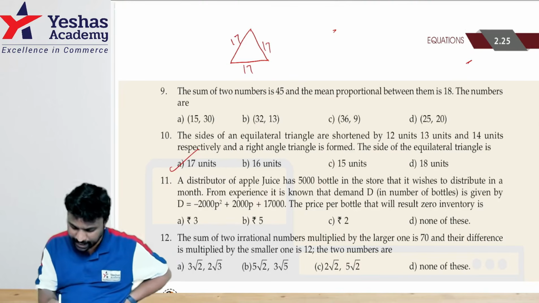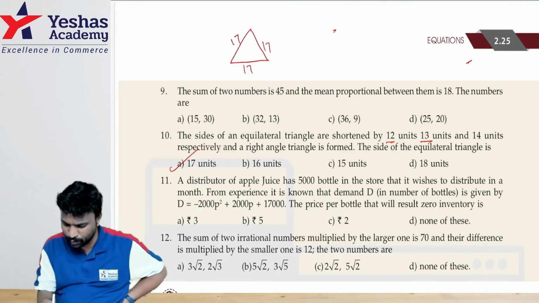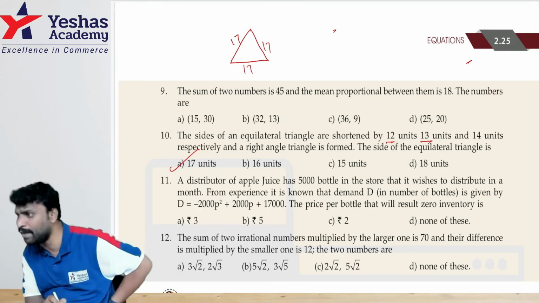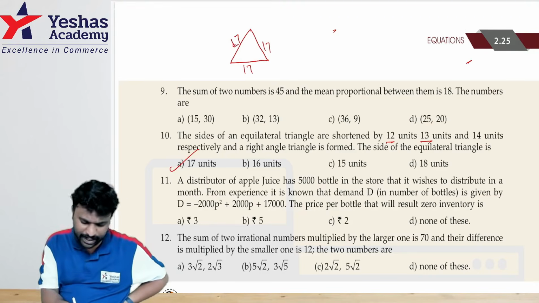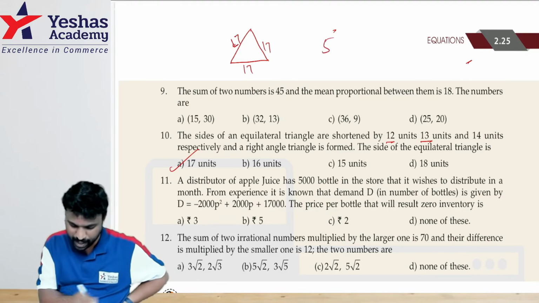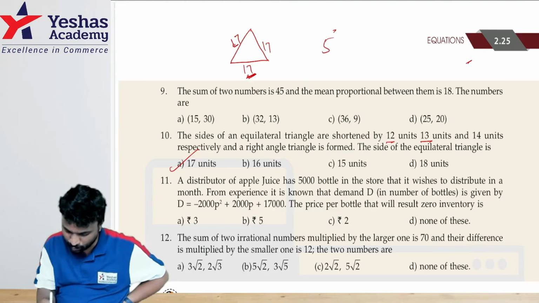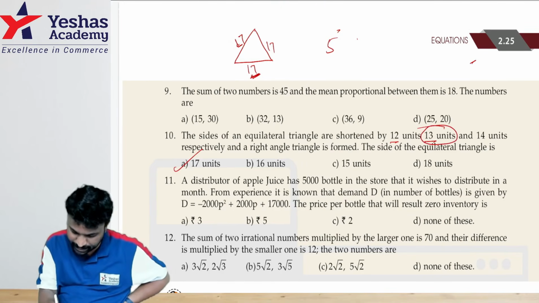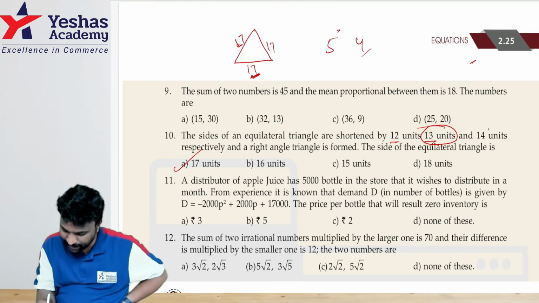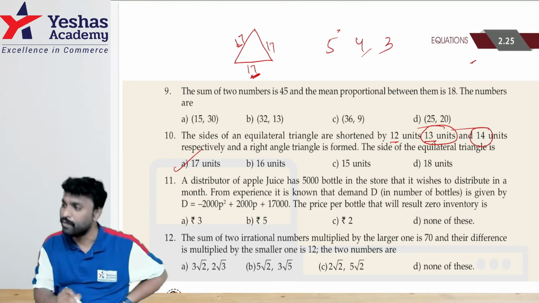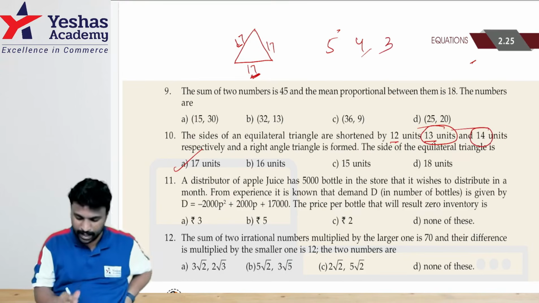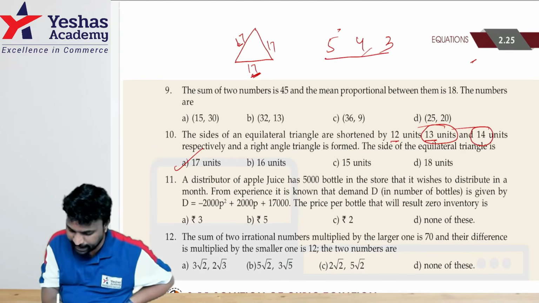Now, the sides are shortened by 12, 13 and 14 units. 17 becomes 5, 17 minus 13 is 4 and 17 minus 14 is 3. 5, 4, 3. These are the sides of the right angle triangle.